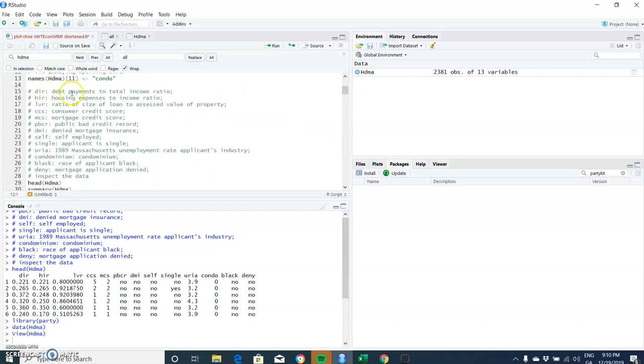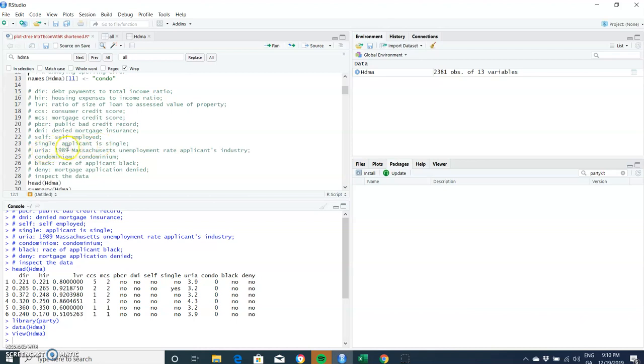So DIR is the debt payment to total income, HIR is the housing expenses to income ratio, LVR is the ratio of the loan to assessed value, so it's the loan to value ratio, CCS is the consumer credit score, MCS is the mortgage credit score, PBCR is public bad credit record, DMI is denied mortgage insurance, self means self-employed, single if the applicant is single.